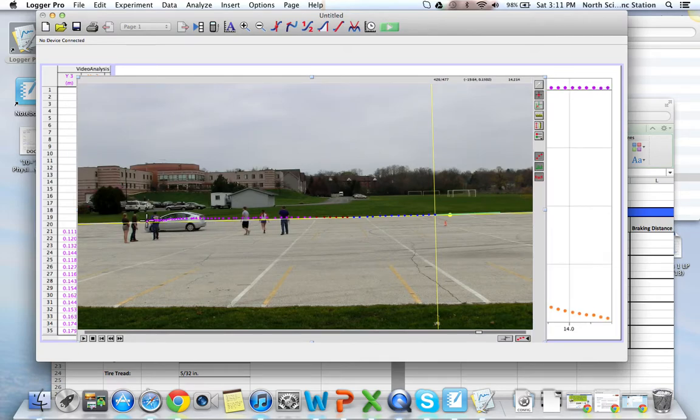In other words, it's not moving as far from slide to slide. And I keep going until the car comes to rest.